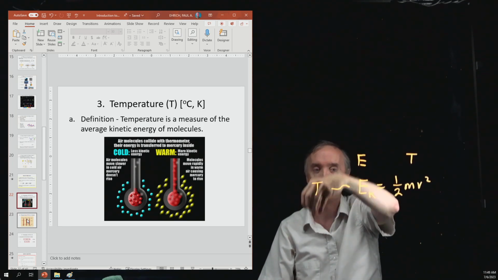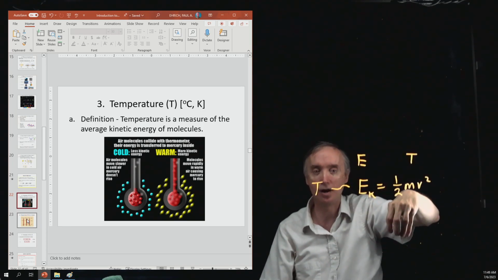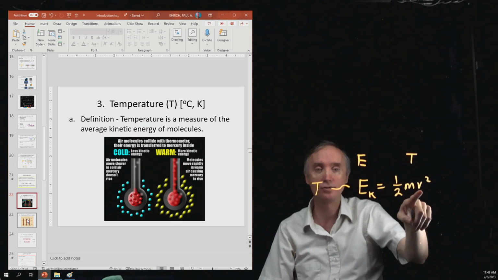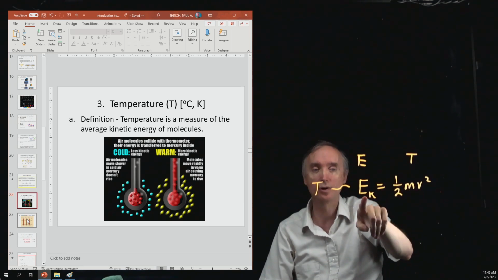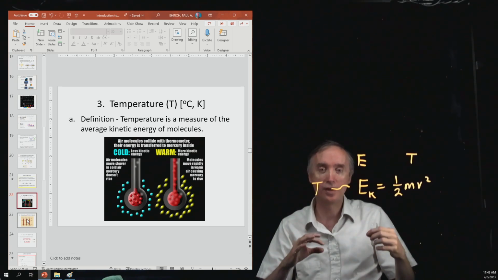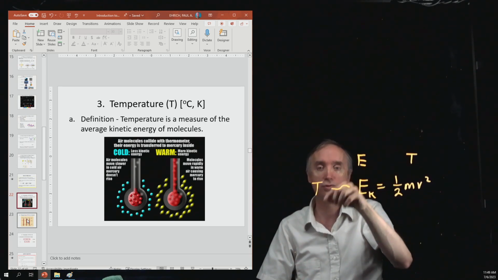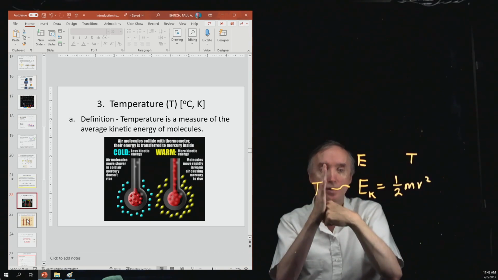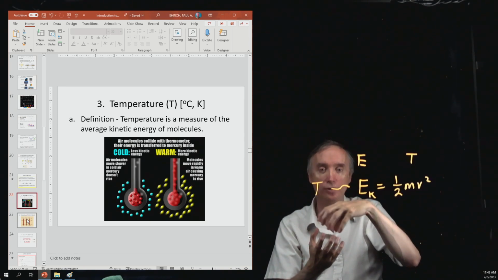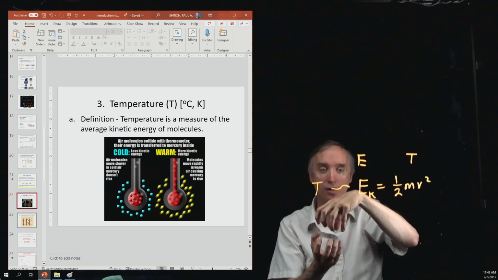Now let's take the thermometer out and put it into hot water. Well, the molecules of the water are going to be moving faster, so they're going to have a higher speed, and more kinetic energy. They are going to give that kinetic energy to the thermometer when they hit the glass, and they'll give some of their energy to whatever fluid is inside that thermometer.